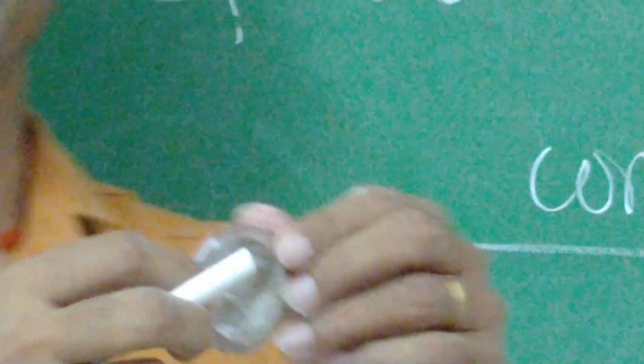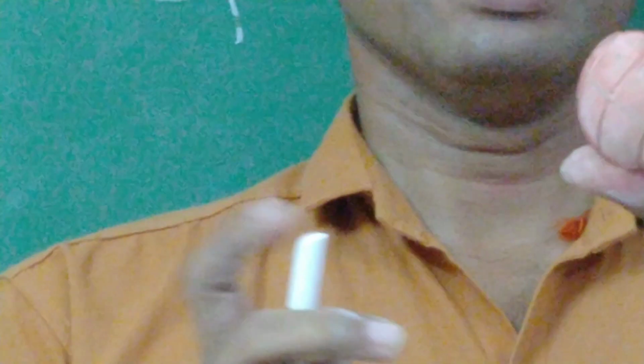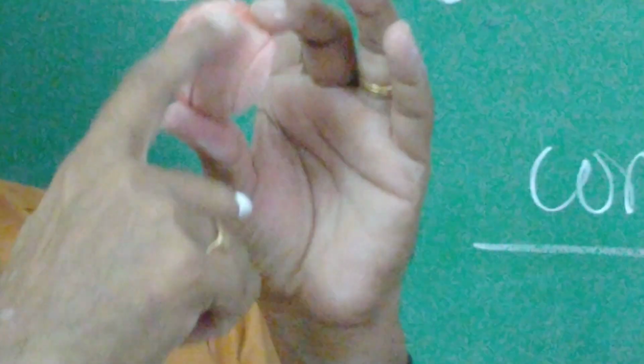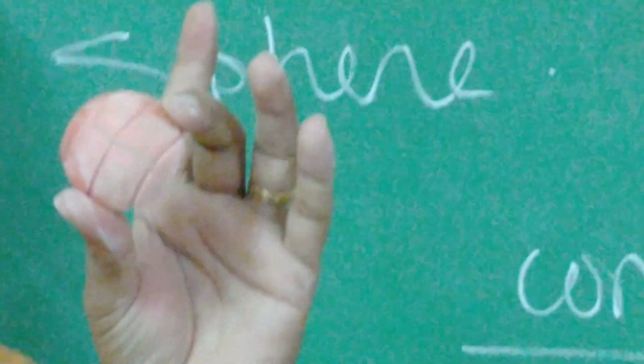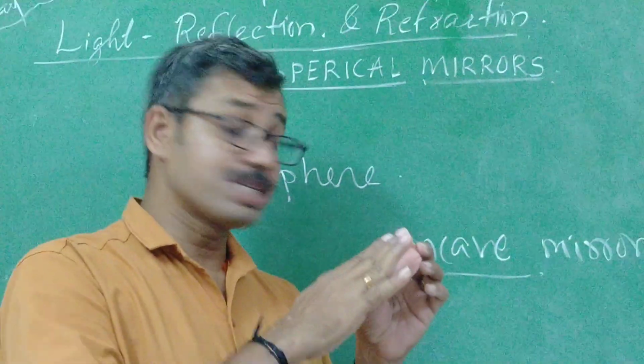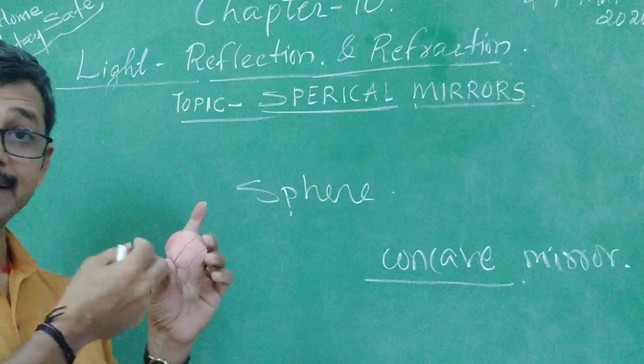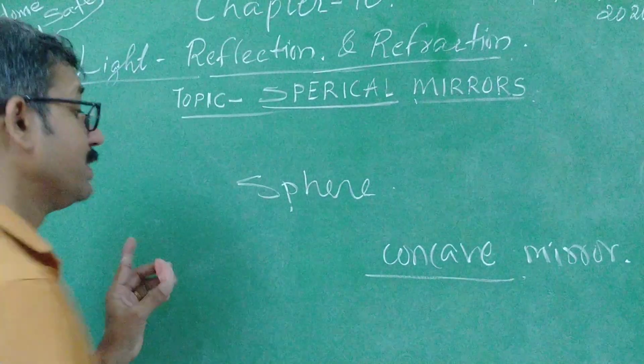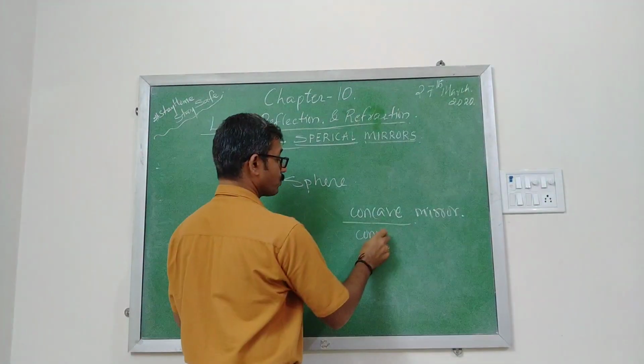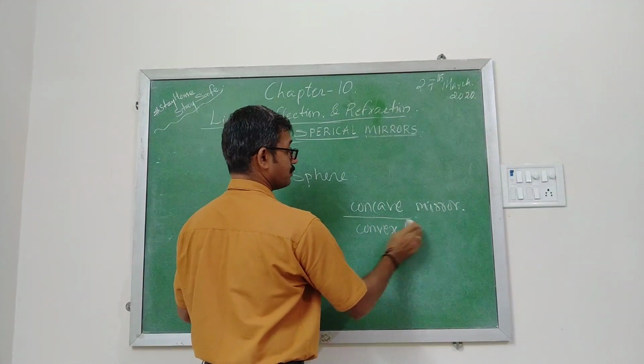If the inside part is coated, the outside will start to reflect. Because if the light is reflecting from the outside part, then we will say that it is a convex mirror.